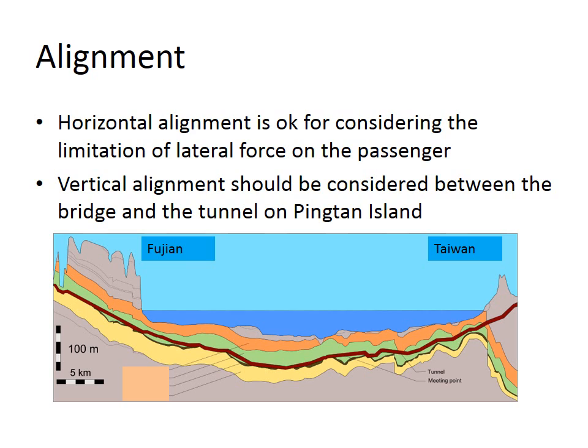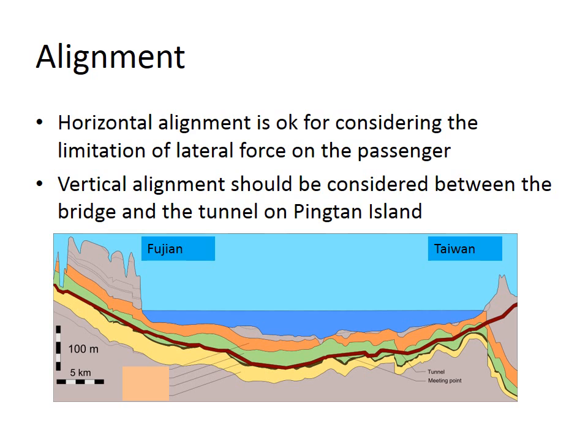And this is the alignment horizontally and vertically. And from the Fujian Island can be regarded as the Pingtan Island. And the horizontal alignment is okay because there is not a lot of big change in direction when the high-speed railway goes from the Pingtan Island to Taiwan.